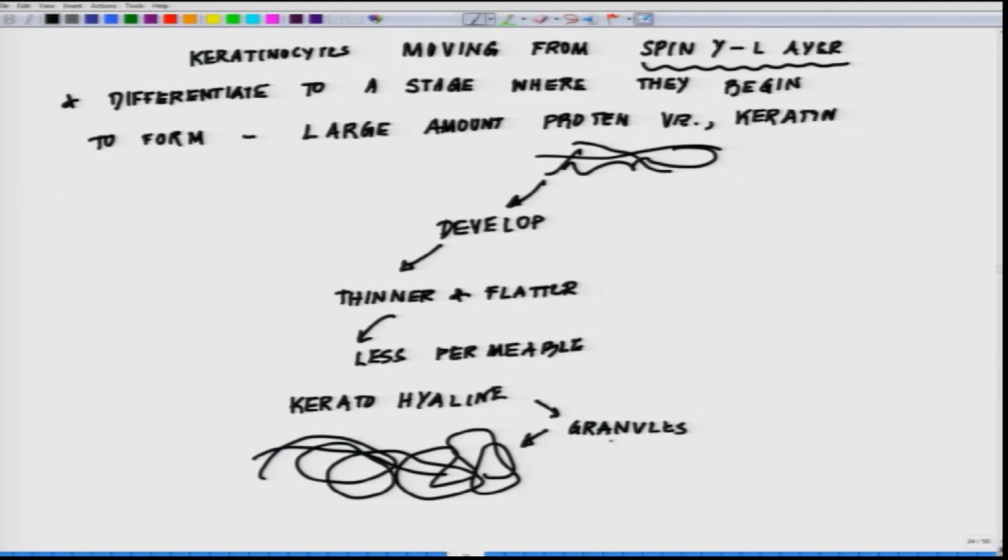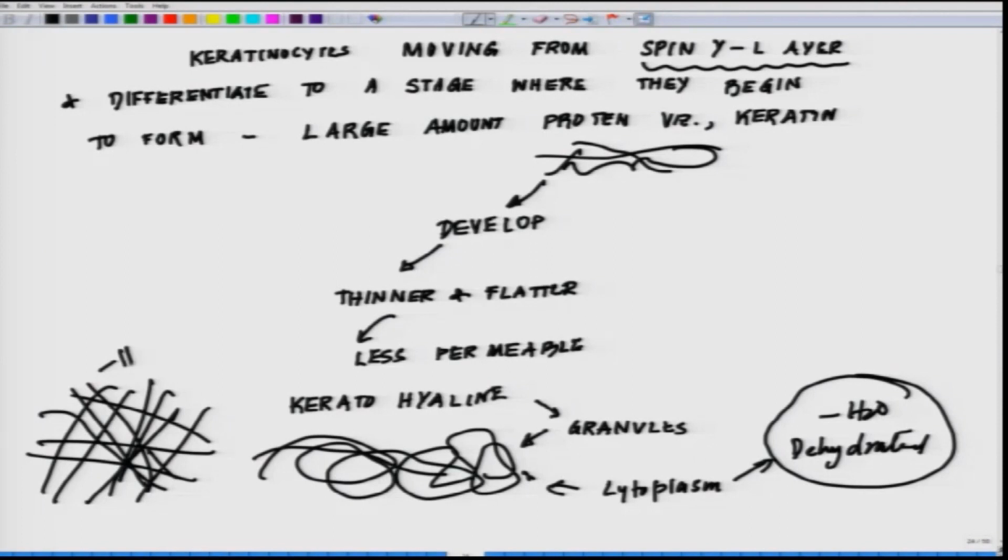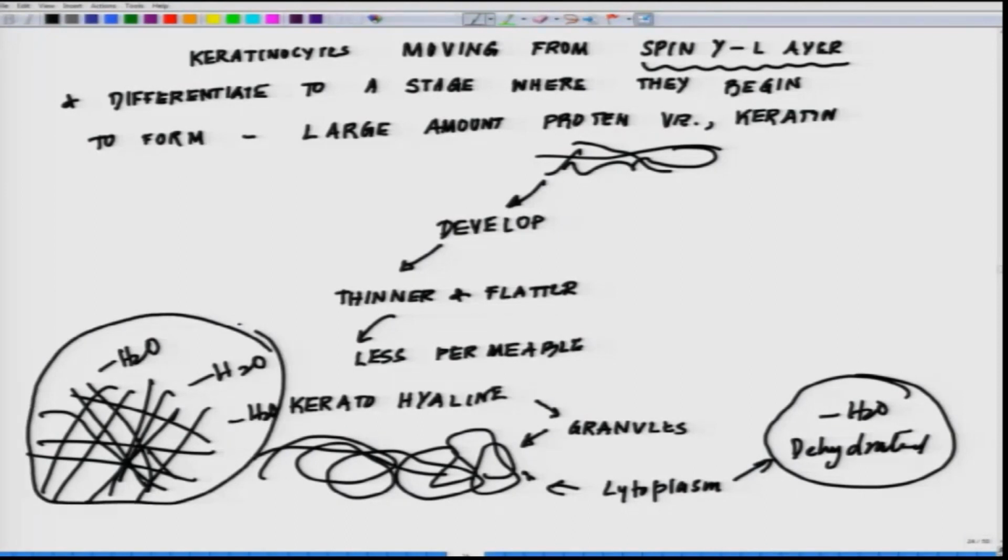Now, you see from where this layer got its name, and as it becomes dense, because of the presence of this keratohyalin, the cytoplasm of these cells gets dehydrated, minus water. Okay. They get completely dehydrated, and a lot of cross linking of keratohyalin fibers takes place, and eventually these cells in this layer form a huge meshwork like this, which does not allow water to percolate down. It kind of creates a barrier.